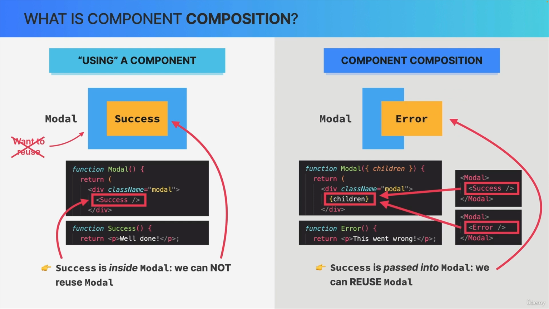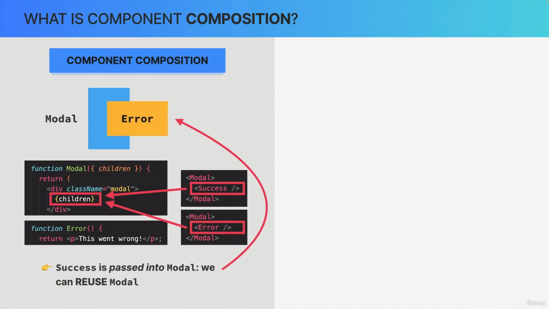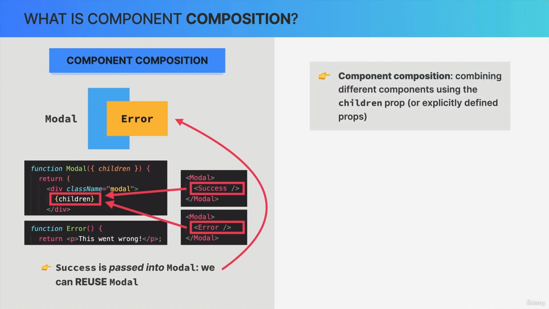And with this, we have also successfully composed these two components together as well. So formally, component composition is the technique of combining different components by using the children prop or by explicitly defining components as props.